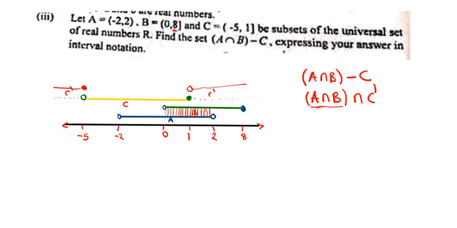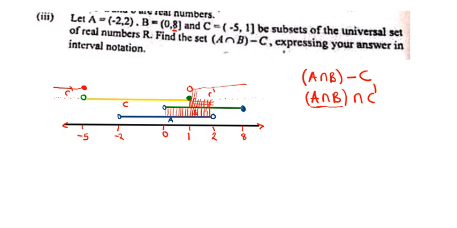Now we bring in the intersection with C complement, starting from here. You have seen that the only successive region is this region where C complement is involved.